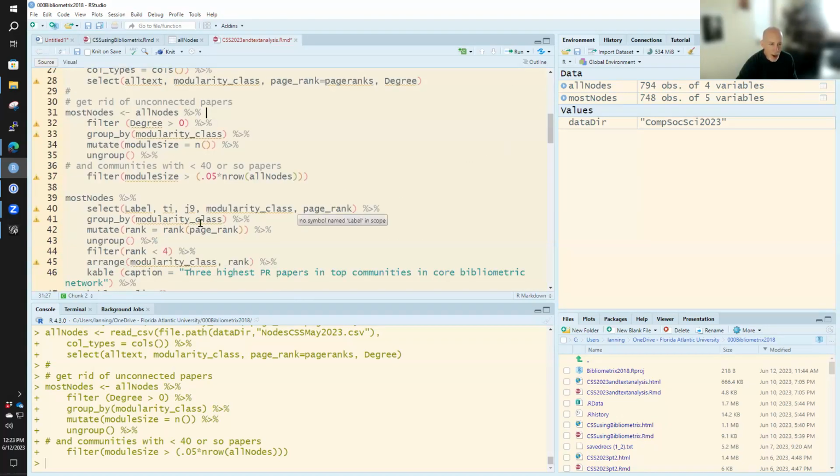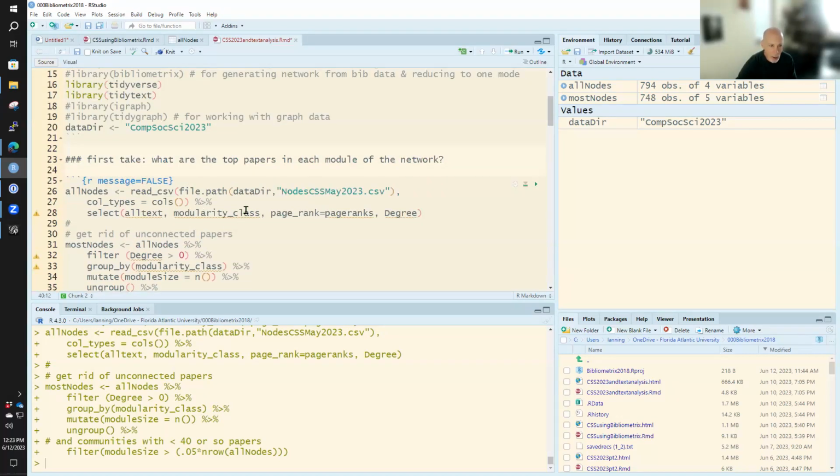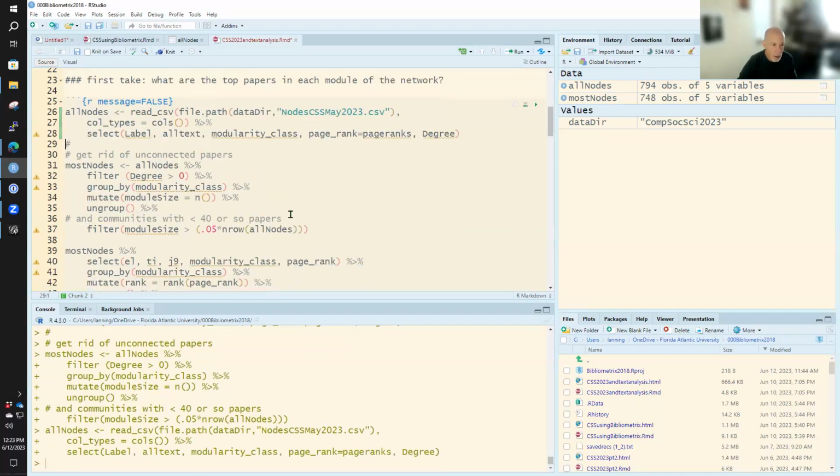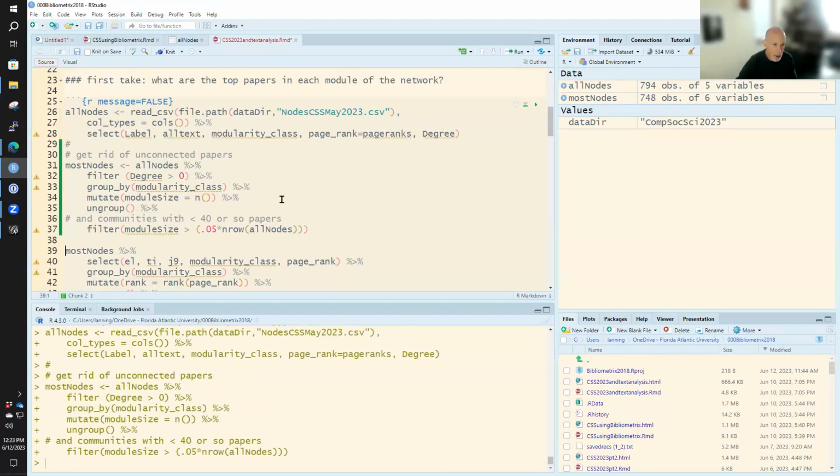And when we look at those, I'm not going to be concerned with the label, or am I? I do want label in there. Okay. So I keep on going back here, and let's do that.